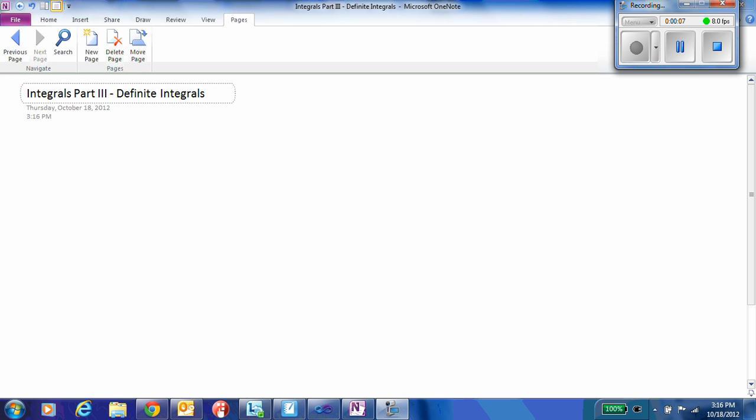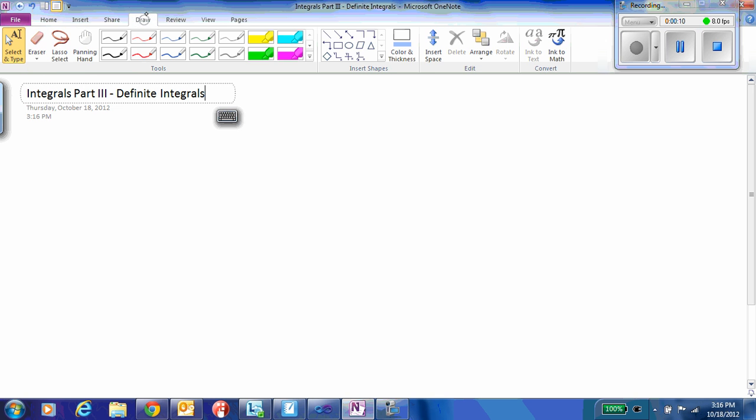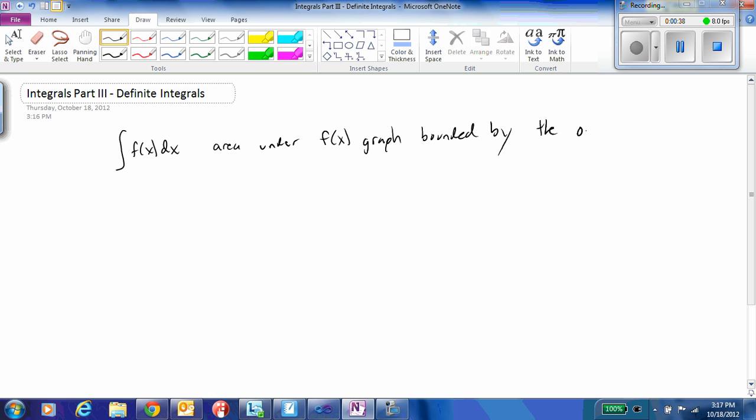The technique I showed you before was known as an indefinite integral, where we learned that the integral of f of x dx can be interpreted as the area under the f of x graph bound by the origin, the value of x, and the x-axis. The other way of saying it, the origin, I could also have said the y-axis.